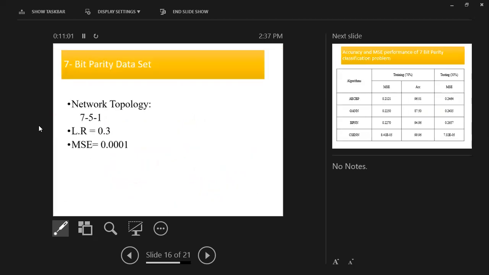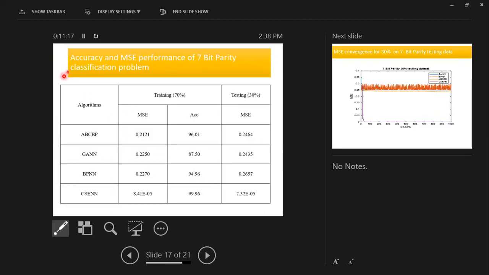Now, if we look at the 7-bit parity dataset, the network topology used is 7 input layers, 5 hidden layers, and 1 output layer. The learning rate used is 0.3, and the minimum mean square error used is 0.001. Looking at these models, artificial bee colony gives a mean square error of 0.21 and 96.01 accuracy with 70% training data.